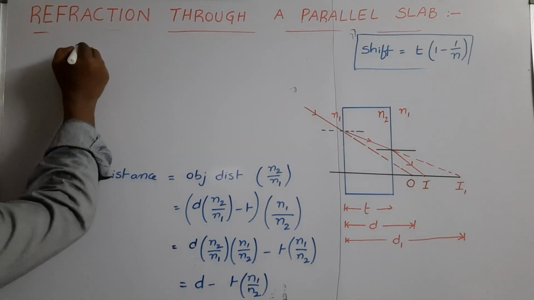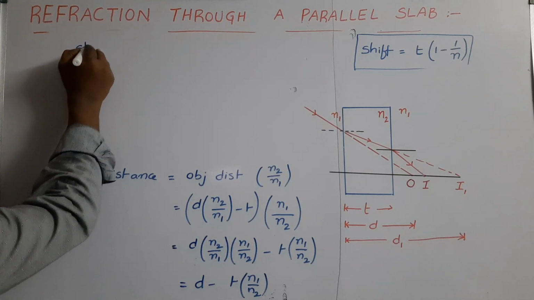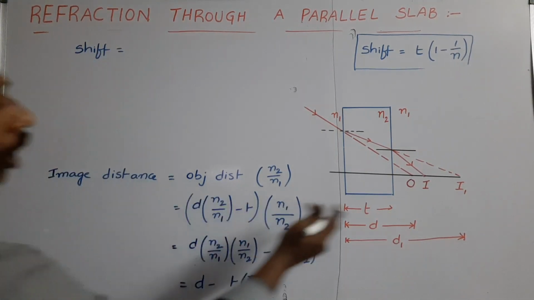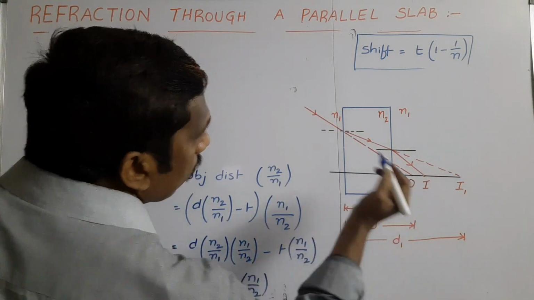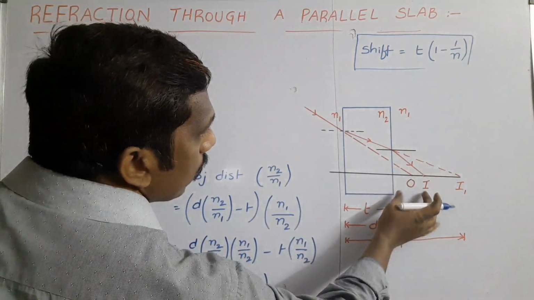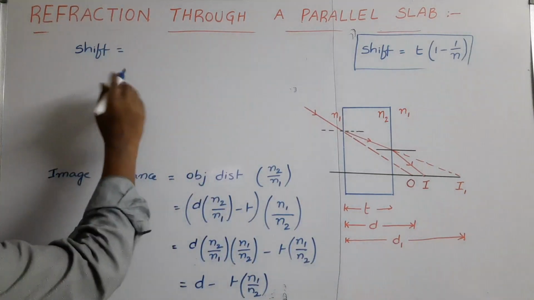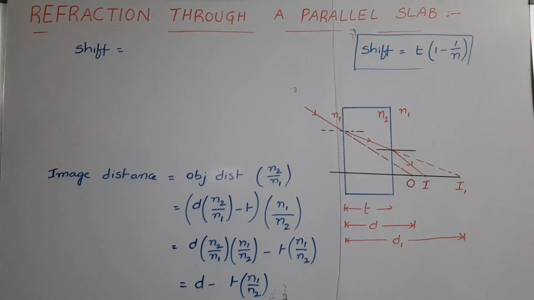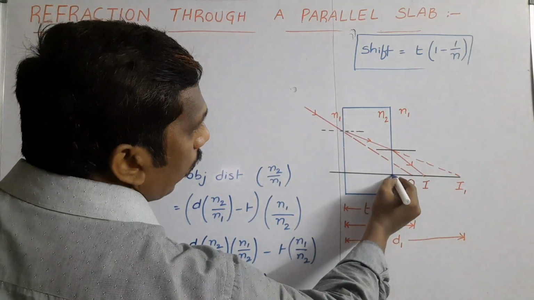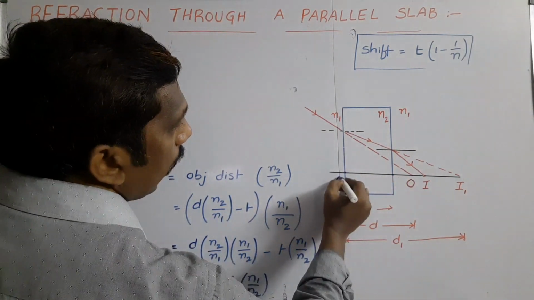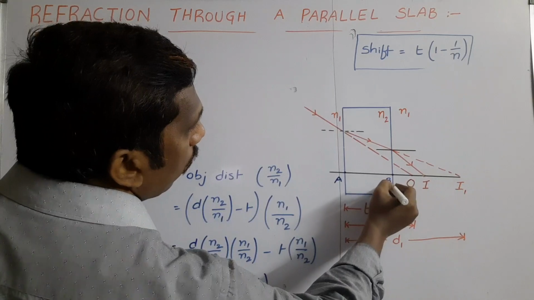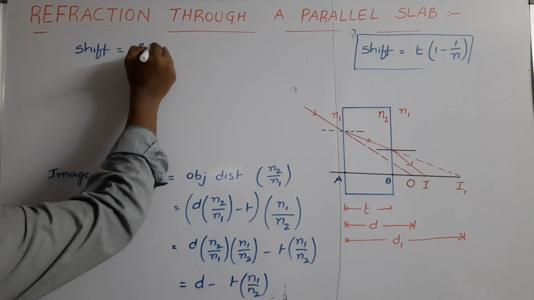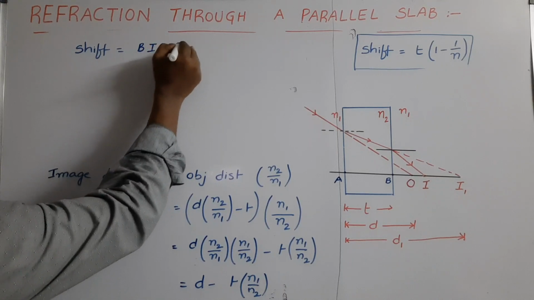So here shift is equal to the image distance from the second surface minus the object distance from the second surface. For example, you take this point as A and this one as B. Then shift is equal to BI minus BO.